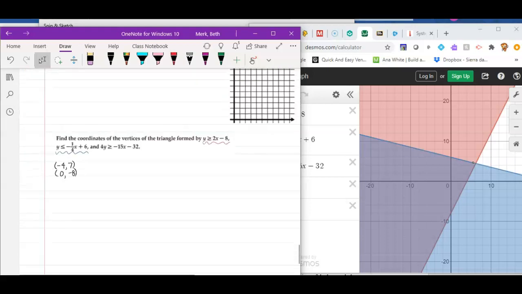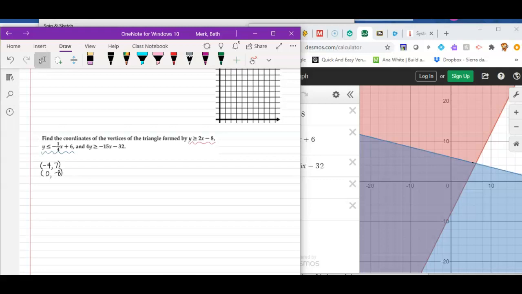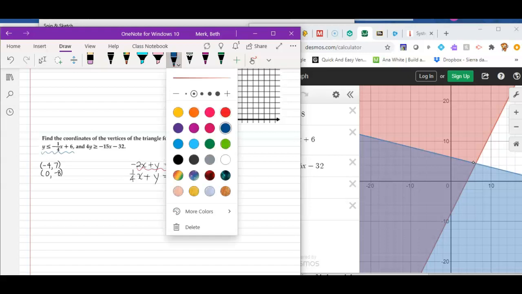So if I want those exact coordinates, not just a rounded decimal, I would need to take these. I'm going to subtract 2x, and I'm going to also add 1/4 x, so that I have my red line and my blue line.